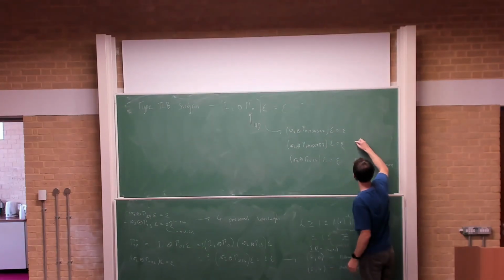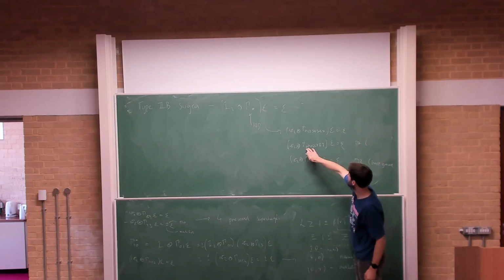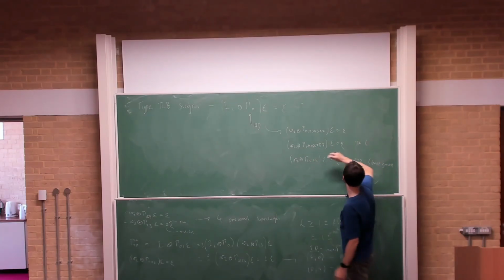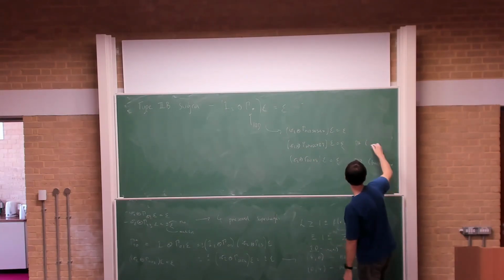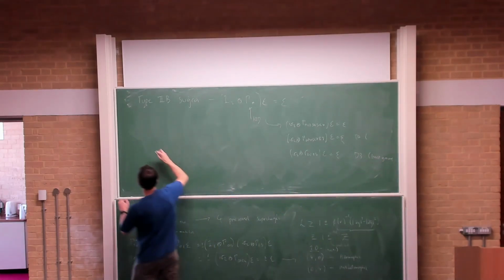This is for a D7 brane wrapped completely along these directions indexed here, where maybe I should just define this as follows.